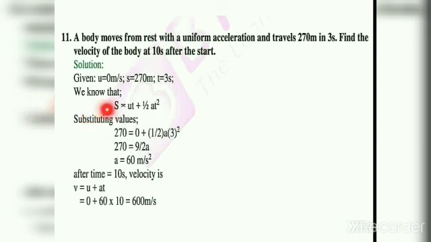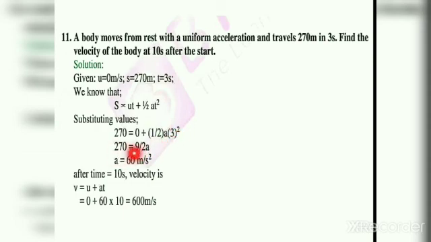We know that s is equal to ut plus half at square. Substituting the values, 270 meter is equal to u, which is 0. When you multiply 0 with any number, you get 0. So 0 plus half, a you don't know, keep it as it is, and t is 3 square.